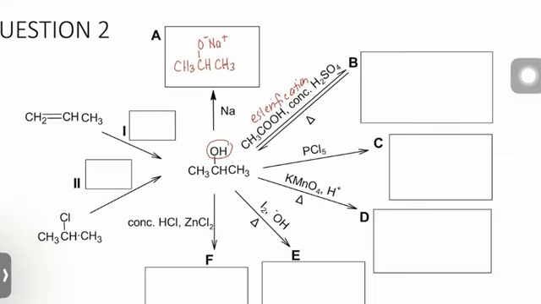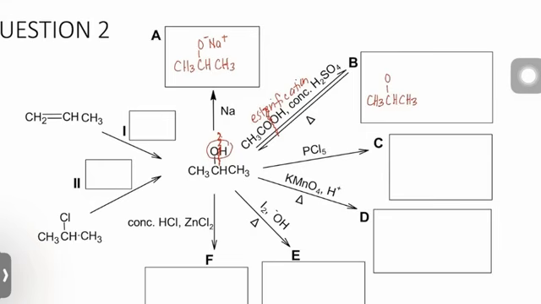For the formation of ester, the H of the alcohol combines together with the OH from the carboxylic acid to form H2O. The other parts join together to form the ester. So what you have to do is just write down the structure of the alcohol first.